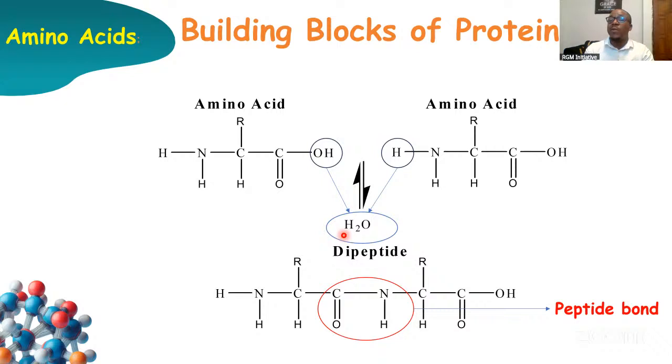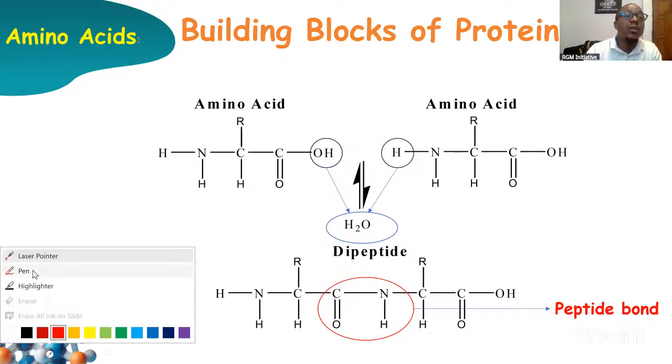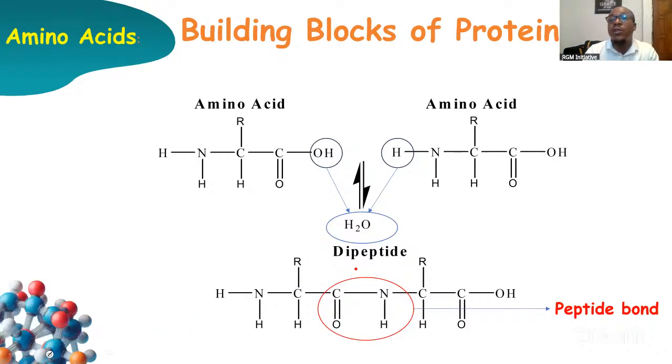After producing water, the two amino acids will be joined together. You can see them here joined together to form this bond, which is called the peptide bond. It's called the what? Peptide bond.